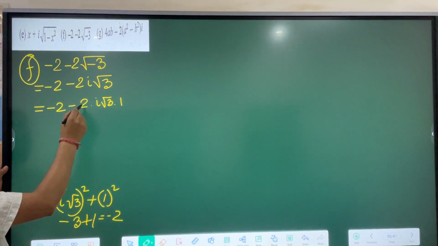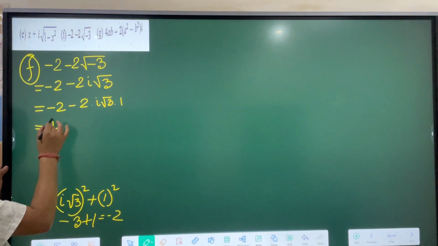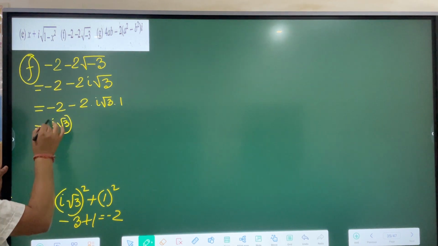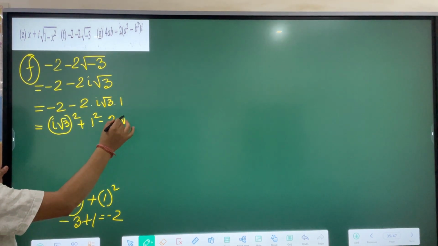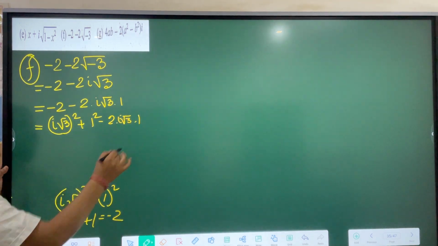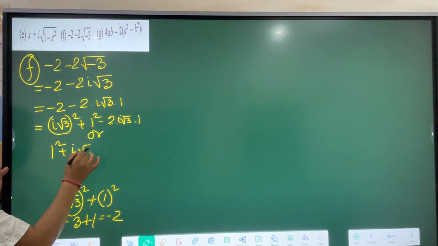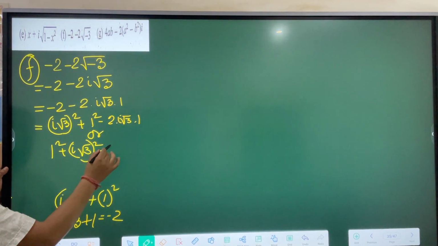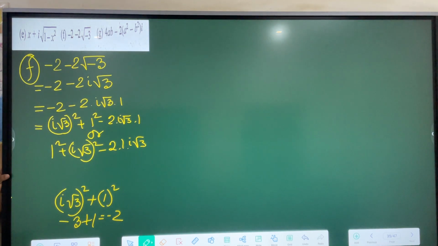Okay, that is why 2ab. Calculation is same. Now i root 3 whole square plus 1 square minus 2 i root 3 into 1. Or you can write 1 square plus i root 3 whole square minus 2 into 1 into i root 3. Same thing.